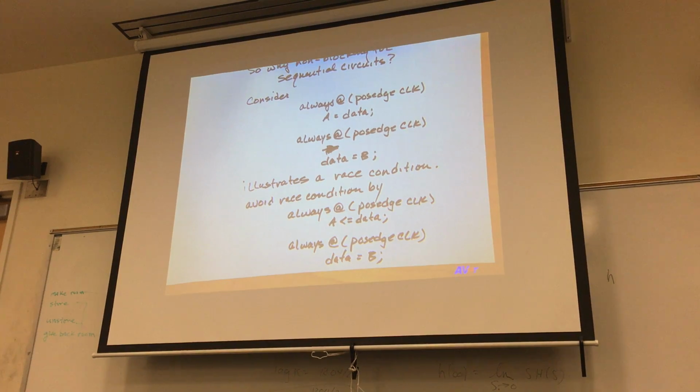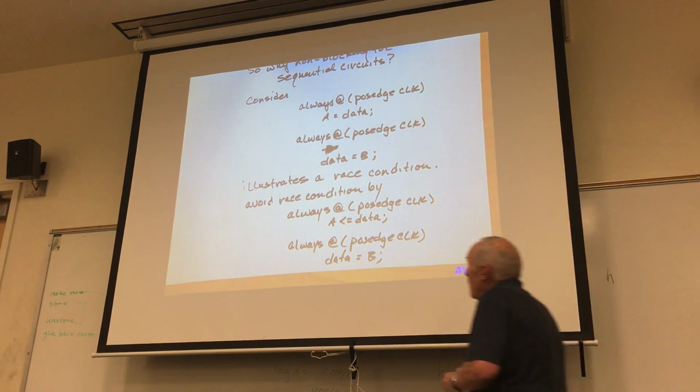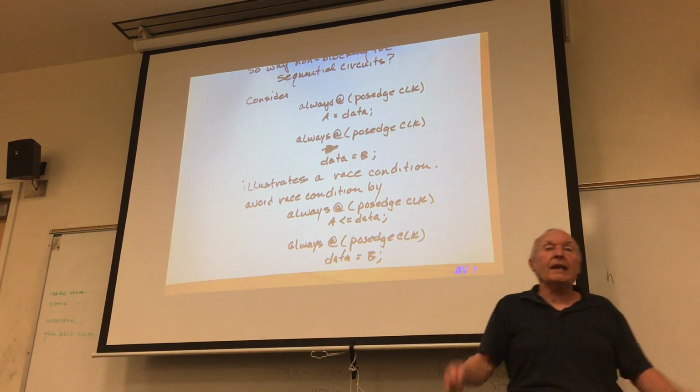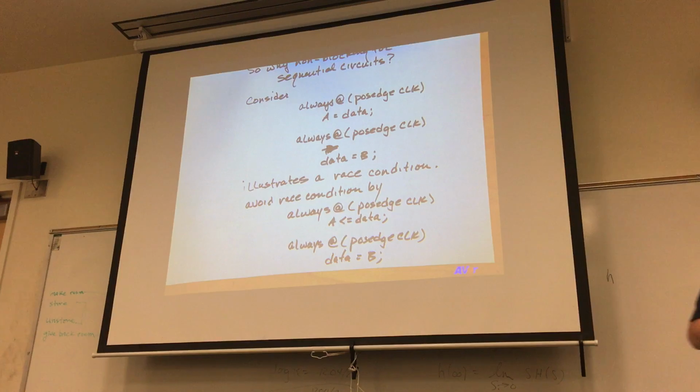Because now what's going to happen is these would both execute at the same time, but I'm recording the right-hand sides. And then when I get to the end, I'll do the update. Did you intend to just have data equals B and not data greater than? Okay. Now I'm going to record the right-hand sides.